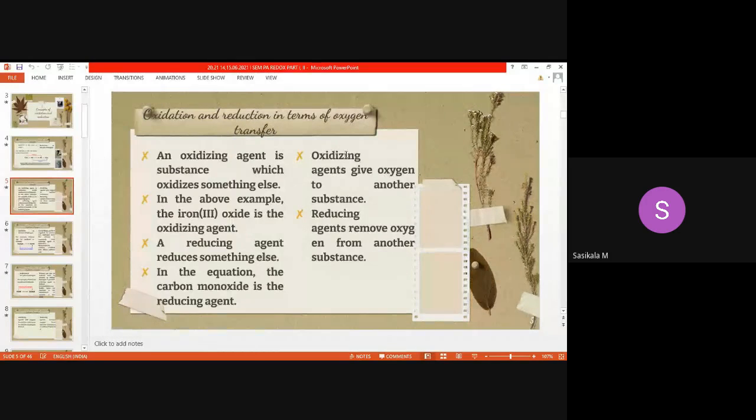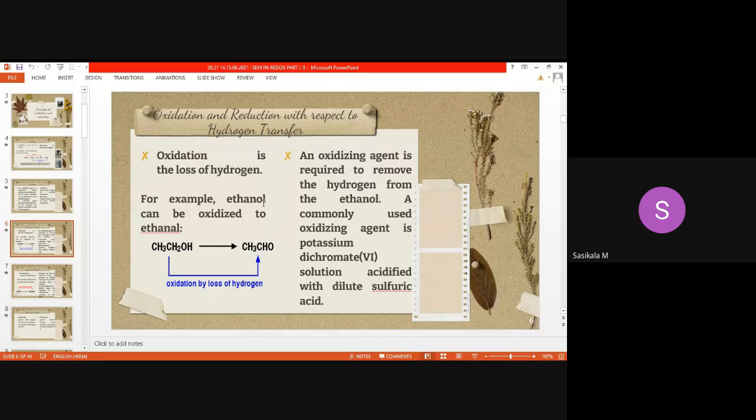According to it, an oxidizing agent gives oxygen to another substance, and a reducing agent removes oxygen from another substance. So this is what the oxidizing agent and reducing agent are.